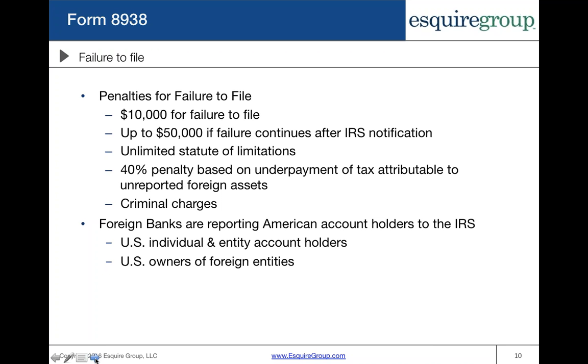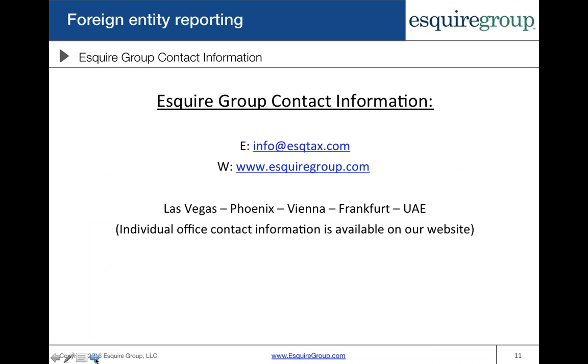So if you haven't been filing Form 8938, or you've been filing it incorrectly, or for whatever reason you left something off Form 8938, I would get that corrected as soon as possible, because it's not a question of if the IRS will catch it, it's a question of when, because this information is going directly from the banks to the IRS.